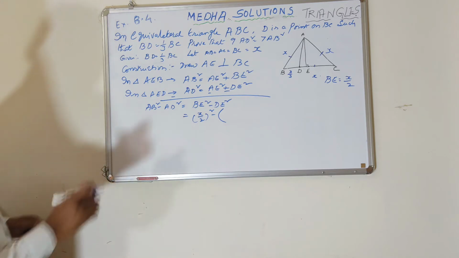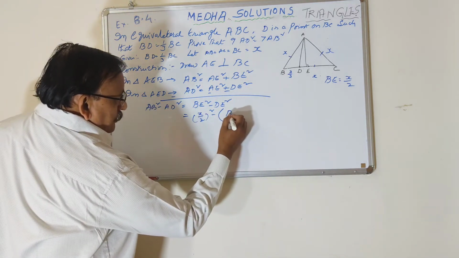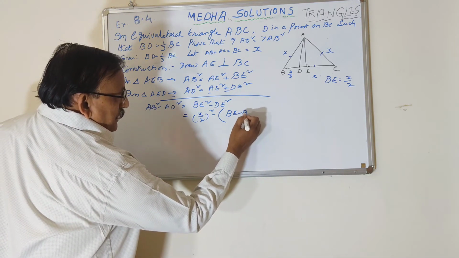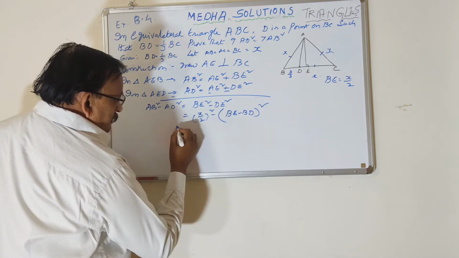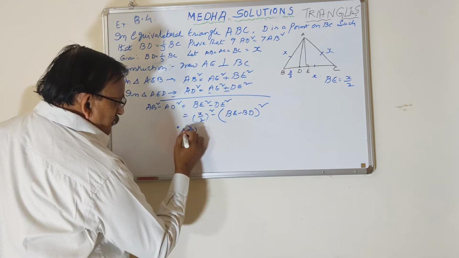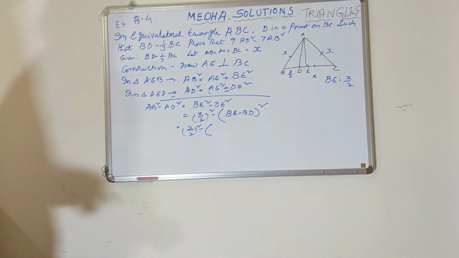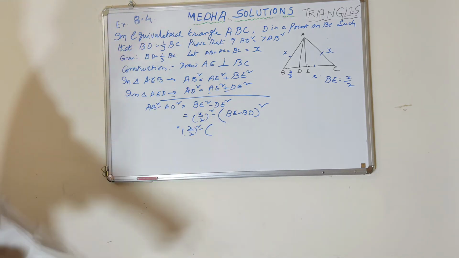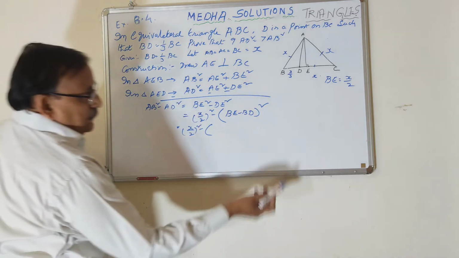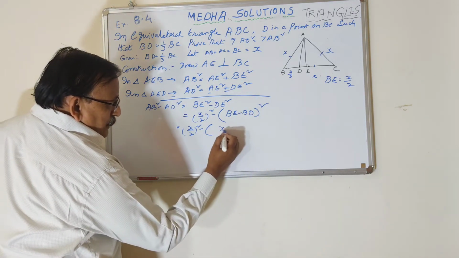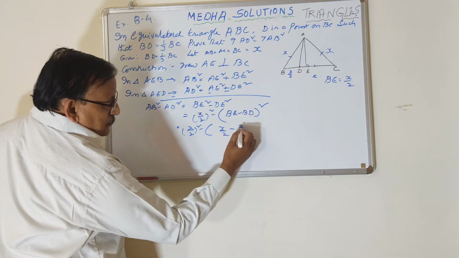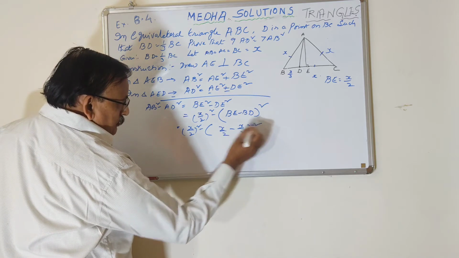So BE minus BD, whole square, that is equal to x by 2 whole square minus... what is the BE? BE is already x by 2. So x by 2 minus BD, which is x by 3, whole square.